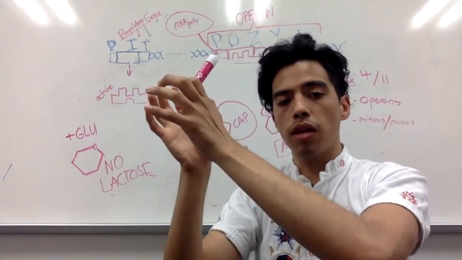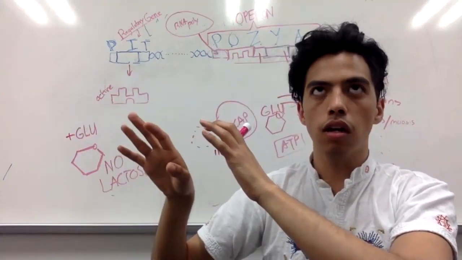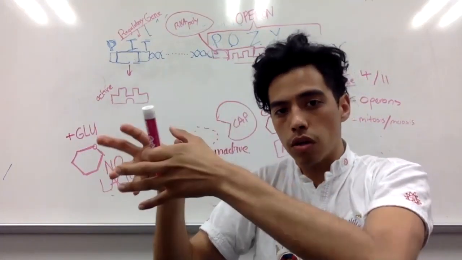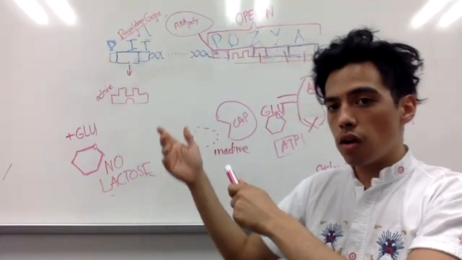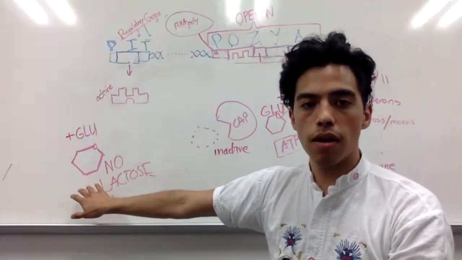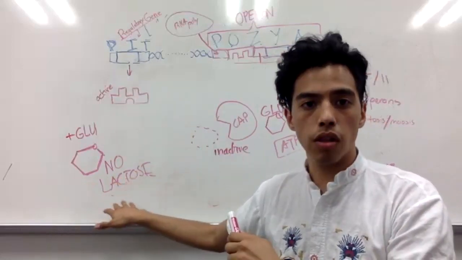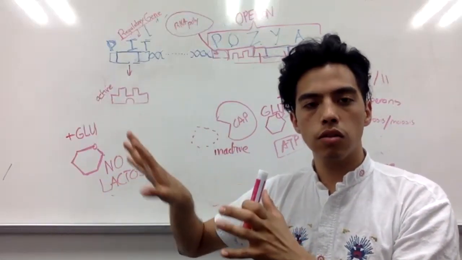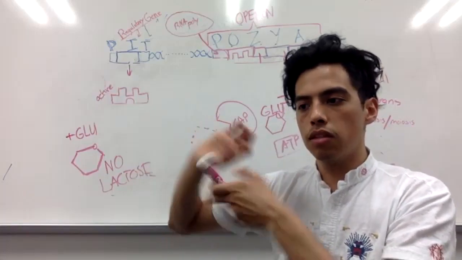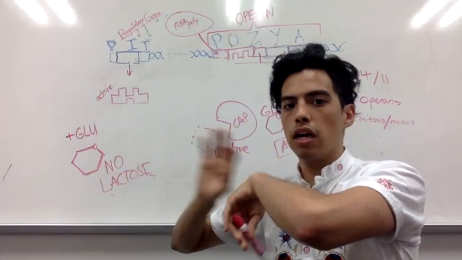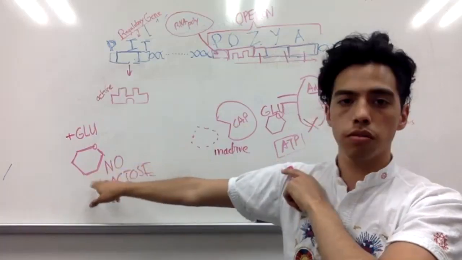Because that's really what we want from lactose. We don't really care about galactose or anything like that. We want glucose. And so if the cell has glucose, then what's the point? Even if in this case we're not talking about lactose, but if there was lactose, there's no point in dealing with that lactose because we already have what we want, which is glucose.